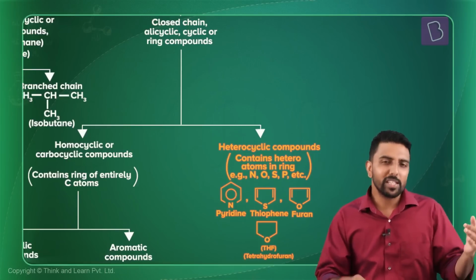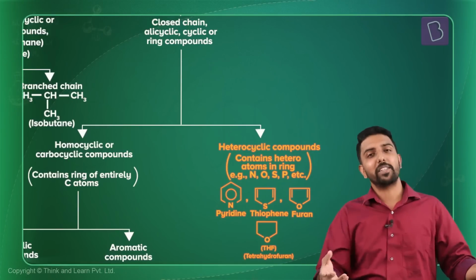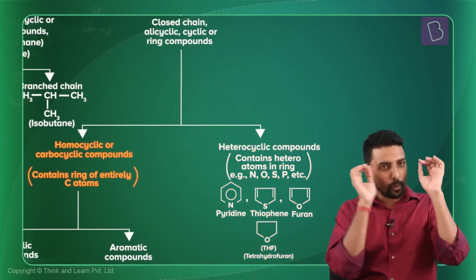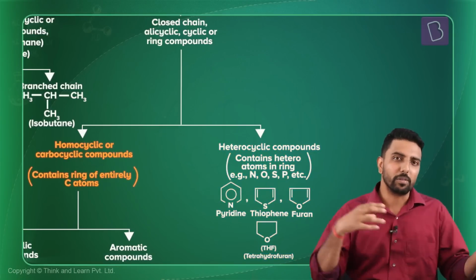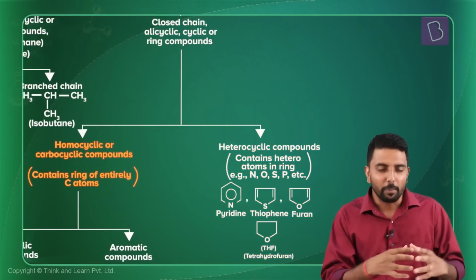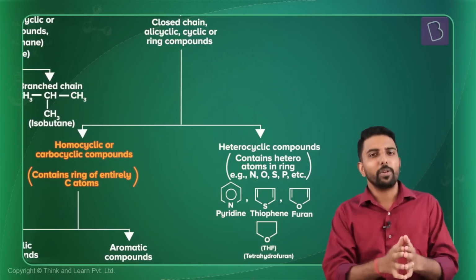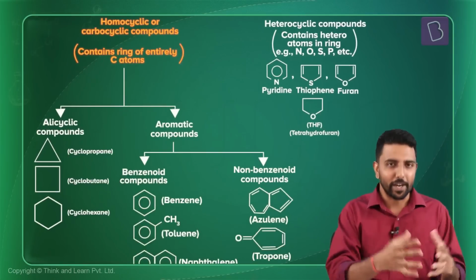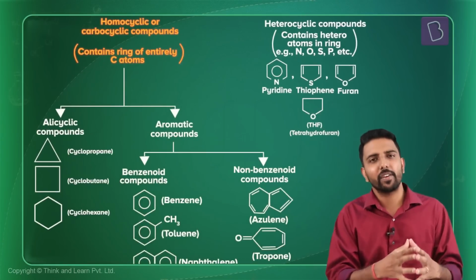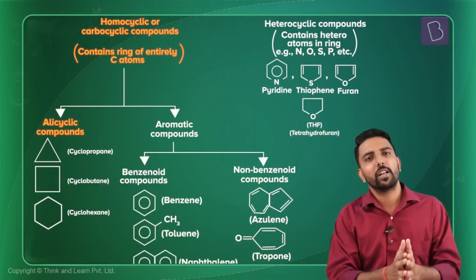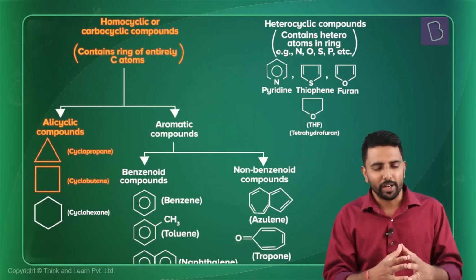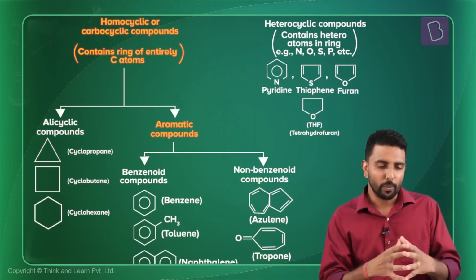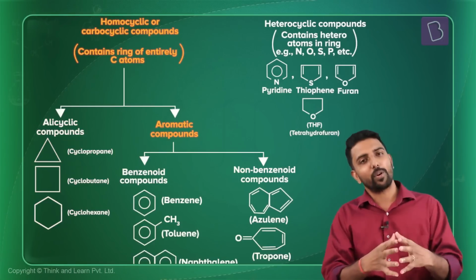So the ones which include a heteroatom are very imaginatively called heterocyclic compounds, and the ones which are only made up of a ring or a cycle made up of carbon atoms are going to be homocyclic. Now, if you look at the homocyclic kind, we could have cyclic hydrocarbons like cyclopropane, cyclobutane, and so on and so forth. On the other end of this particular division, we have aromatic hydrocarbons.